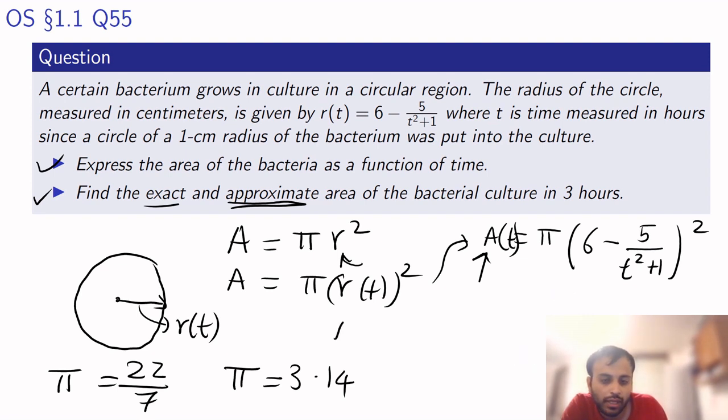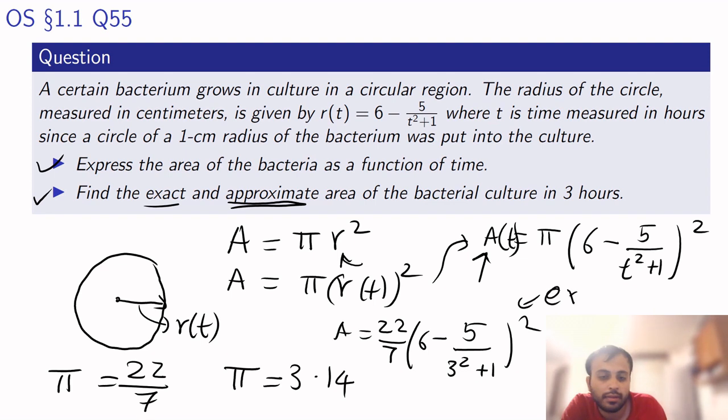So the area would be 22 by 7 times (6 by 3 square minus 5 plus 1) whole square. So this is the exact area. Now if you replace this 22 by 7 with 3.14, you'll get an approximate area of the bacterial culture.